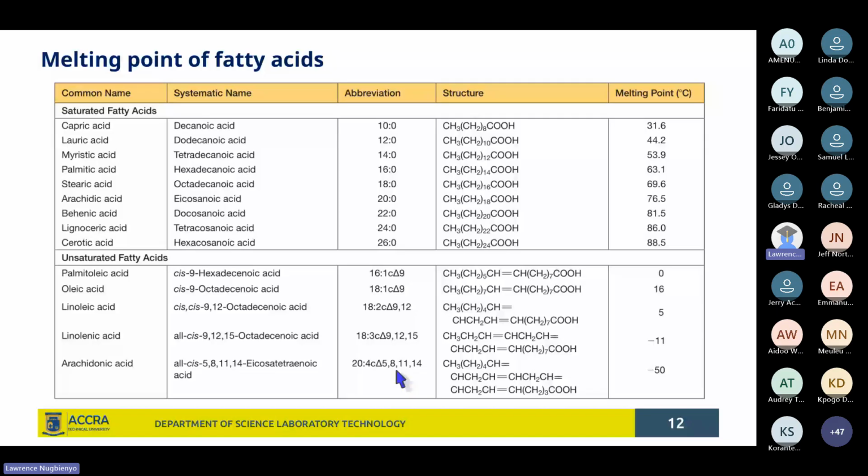phospholipids, which of course will consist mainly of these fatty acids that are bonded on some backbone.